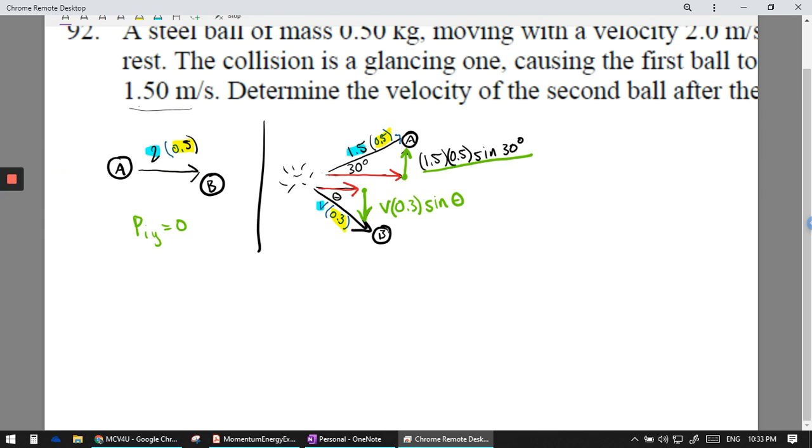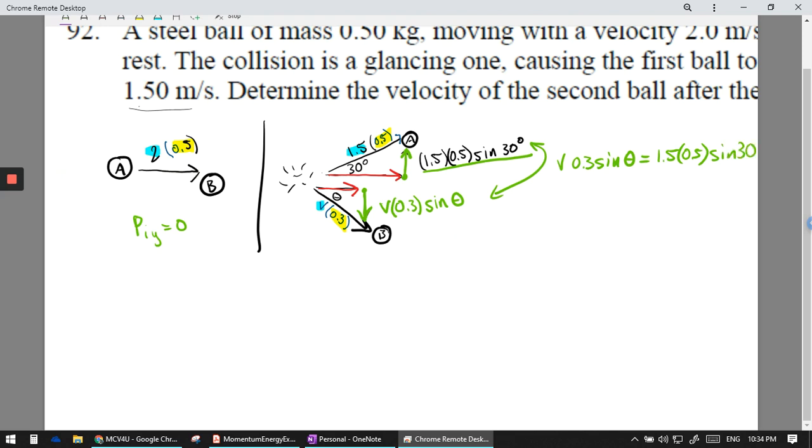So these two guys must cancel each other out. They must be equal because one's facing up and one's facing down. So I'm going to go ahead and write that: those two guys are equal. So I've got v times 0.3 sine theta is equal to 1.5 times 0.5 sine 30.